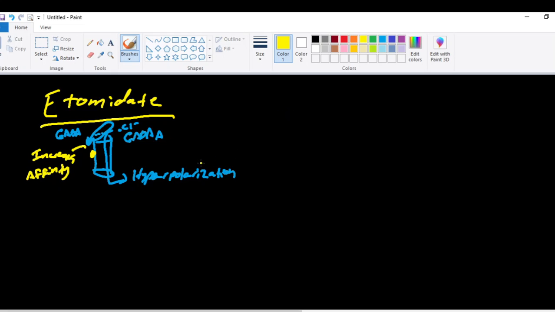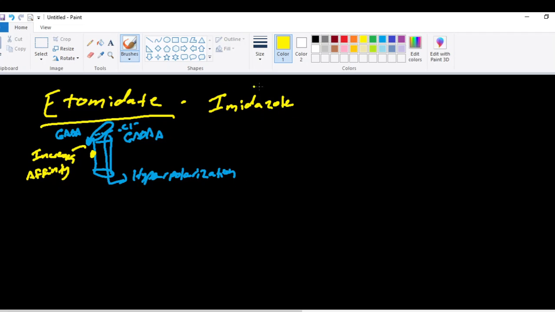The thing is, Etomidate's chemical structure, which we won't really get into, is different than all of the other anesthetics. What I will say is that Etomidate's chemical structure, although I'm not going to draw it out, is of the class called imidazoles. It's an imidazole.